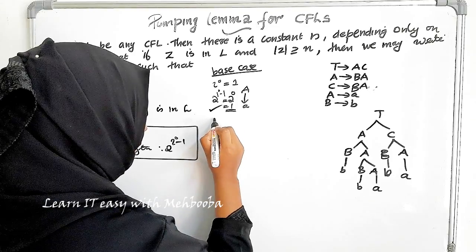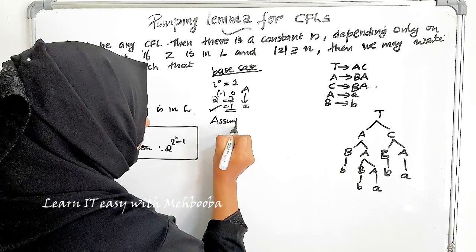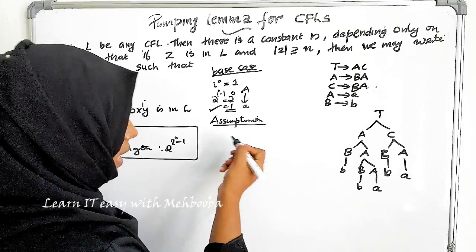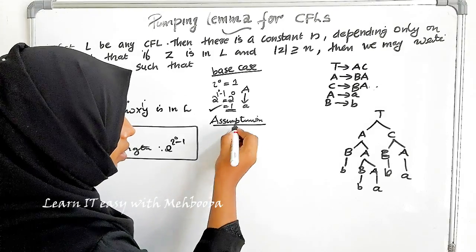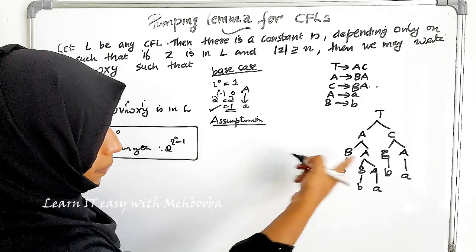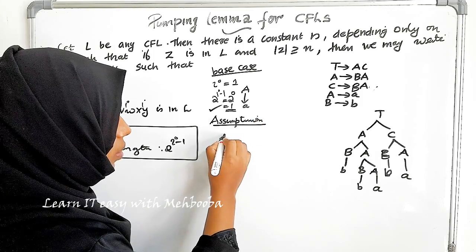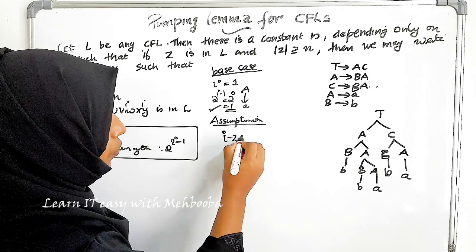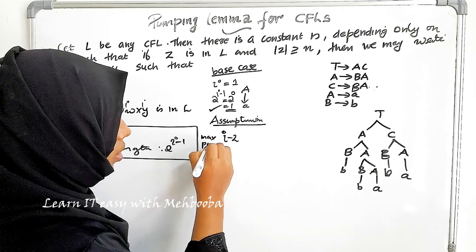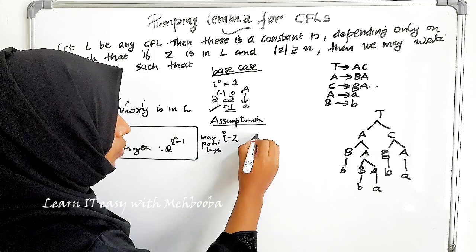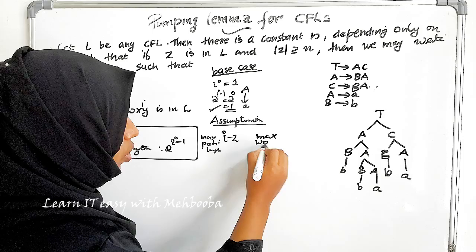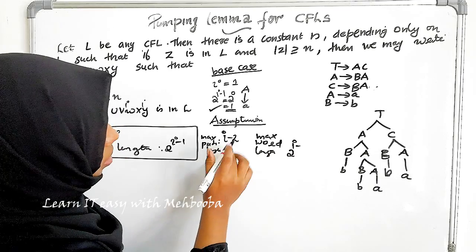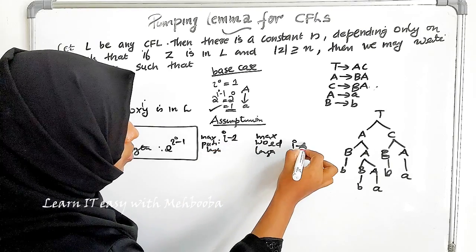Now we will take the assumption. We will assume that for a particular tree with path length some I minus 1, some I minus 2, if the maximum path length is I minus 2, then the maximum word length is 2 raised to I minus 2, right?